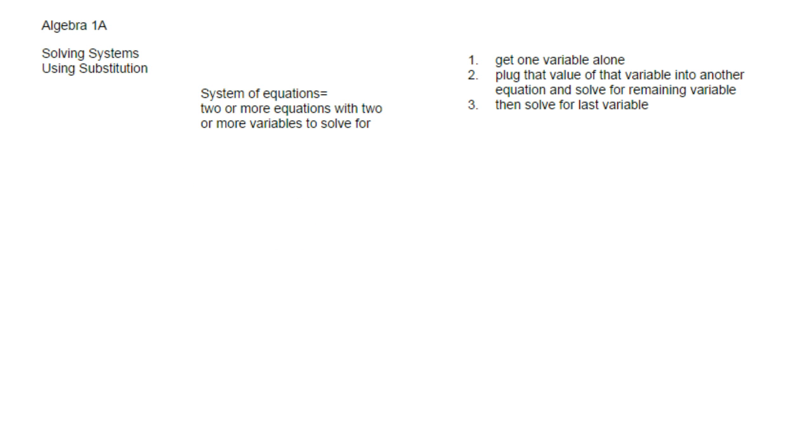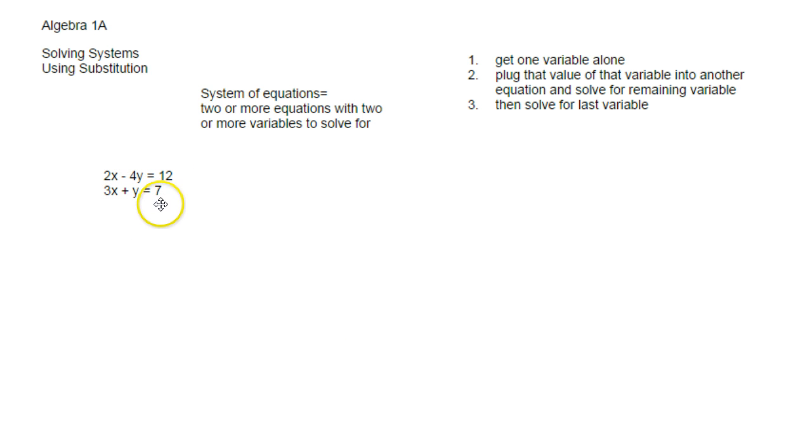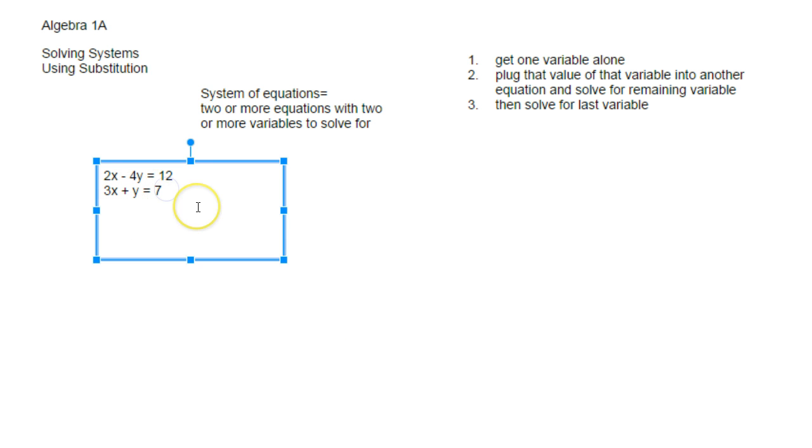Okay, so something as simple as this. Let's go to 2x minus 4y equals 12, and 3x plus y equals 7. For example, on this first one, I would probably minus the 3x over to the other side.